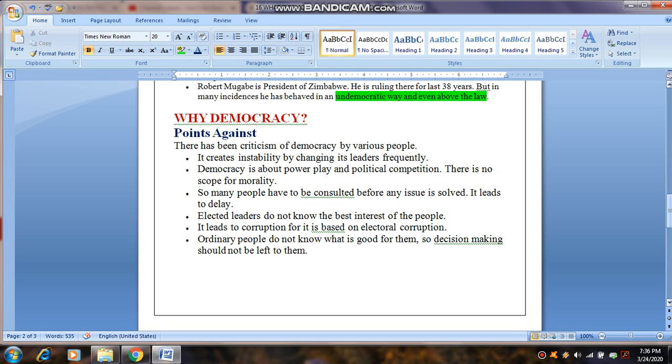Ordinary people do not know what is good for them. They are saying that in a country many people are literate, many are illiterate. Few are educated, few are less educated. So maybe they are not able to know about their benefits, so decision making should not be left to them.